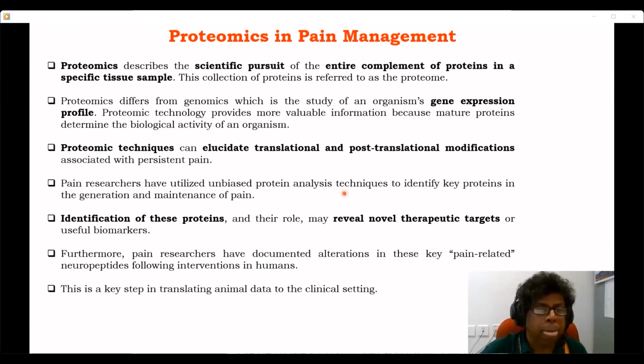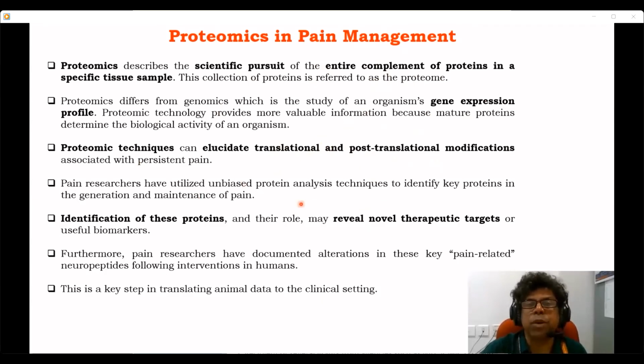So proteomics techniques are very advanced, and very expensive techniques to do real-time research, and the instruments you require are like mass spectrometry, liquid chromatography, mass spectrometry, etc. But these all will give translational and post-translational modifications associated with persistent pain.